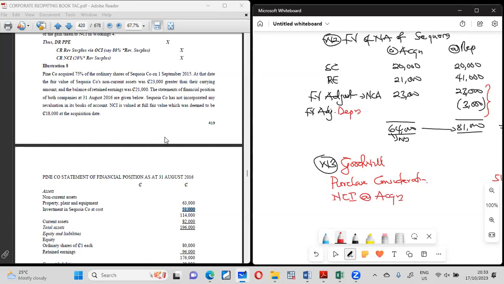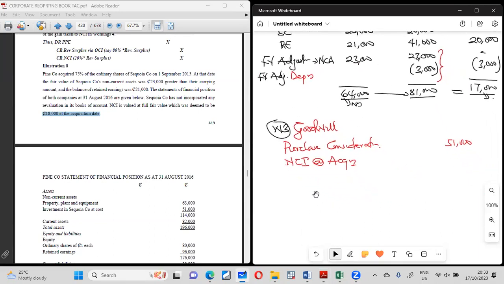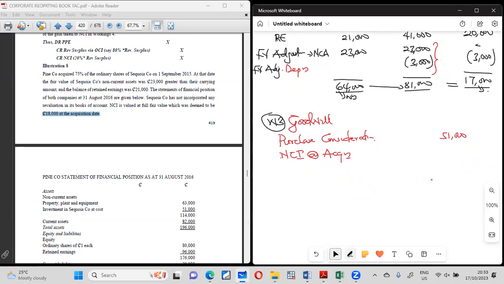Okay. So you see here that it is the fair value. It says that NCI is valued at full and it is deemed to be 18,000 at the acquisition date. So if you are asked for NCI at acquisition date, you shouldn't do guesswork. So here is 18,000. All right.